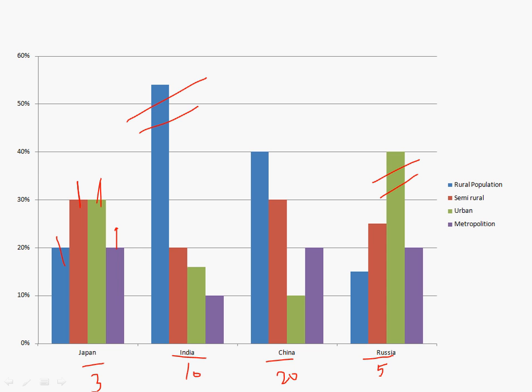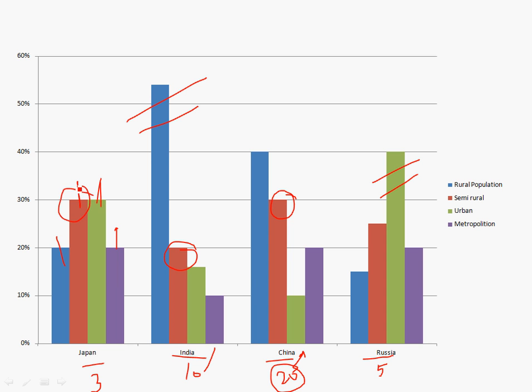Let's say if the comparison is with China, so you have to firstly find the semi-rural numbers for China. It is given now as 30%. So 30% of 20 we have to do, right? So 30% of 20 would be how much? It would be 6. Again we have to then find all the stuff, right? So it's 20% of 10, it would be 2, which is less than China.